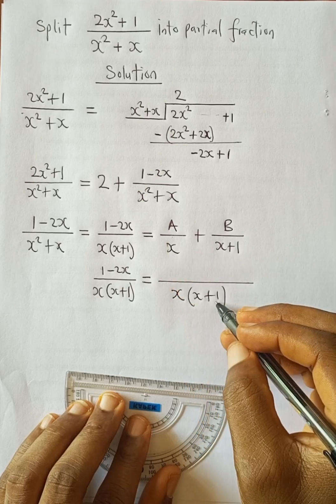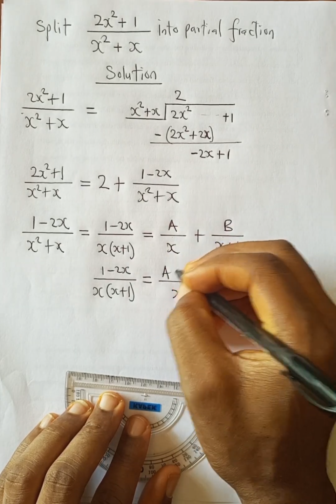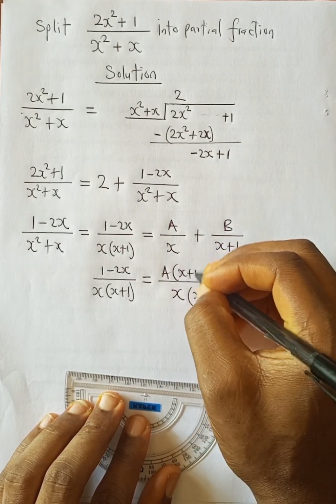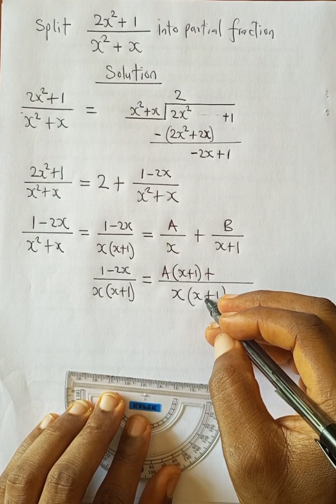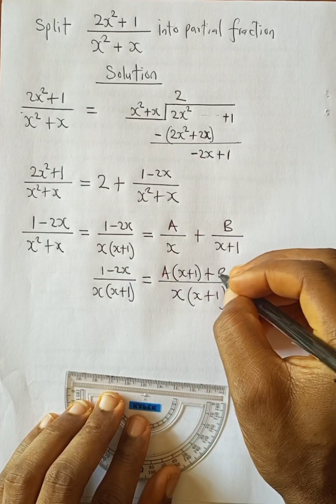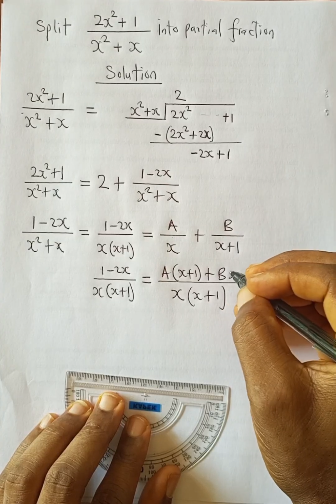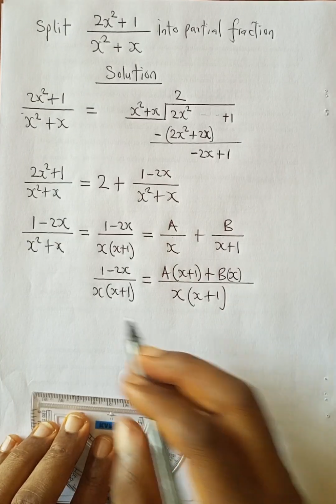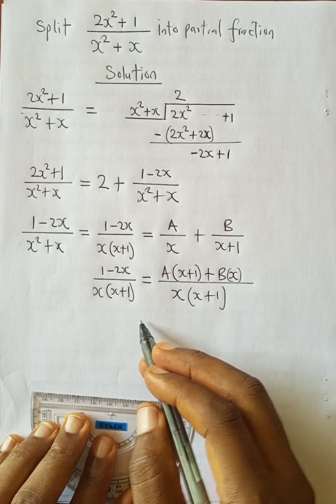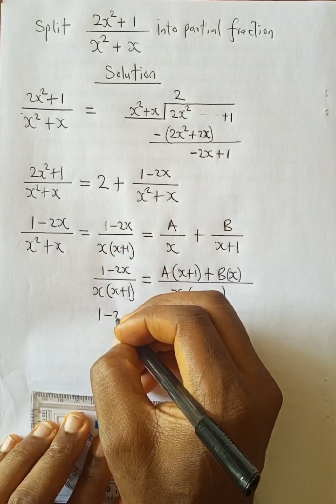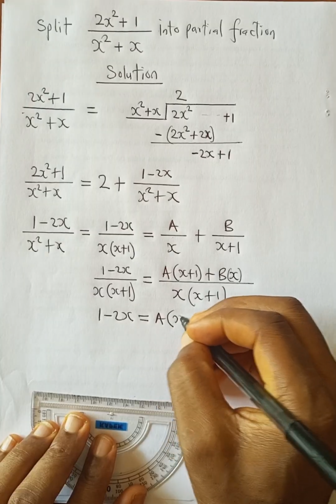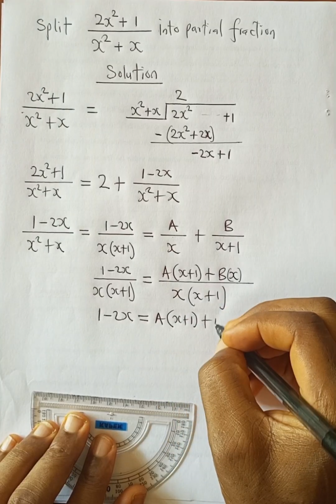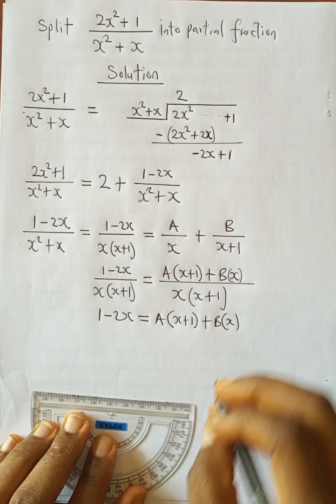This to this will give us a times s plus 1, plus this to this, s plus 1 will cancel s plus 1, remaining s times b, or b times s. I told you that the denominator is the same, so they will cancel out. We're left with 1 minus 2s is equal to a times s plus 1, plus b times s.